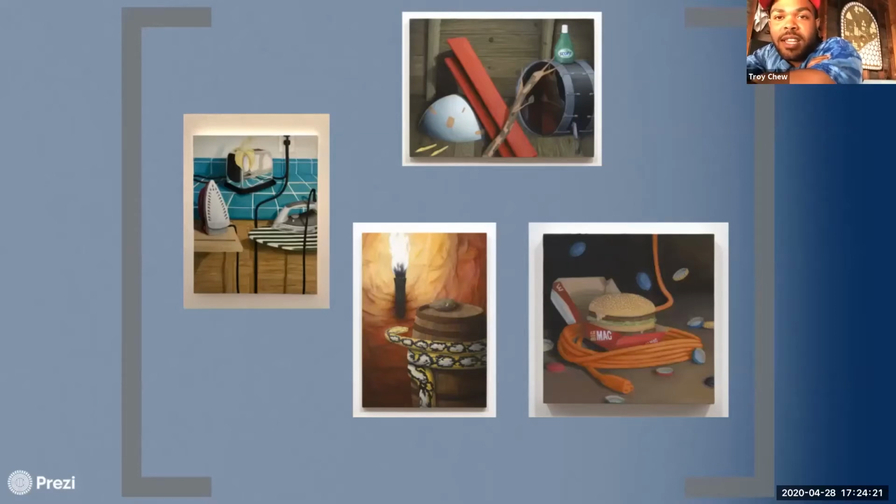The one on the left with the iron and toaster is about, well, all of these are about weapons or guns to be specific. The iron is a word that came from the idea that guns are made of iron, so people start calling it iron, or packing iron, or packing heat is another word that people use.